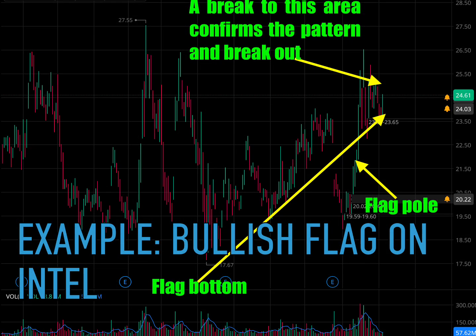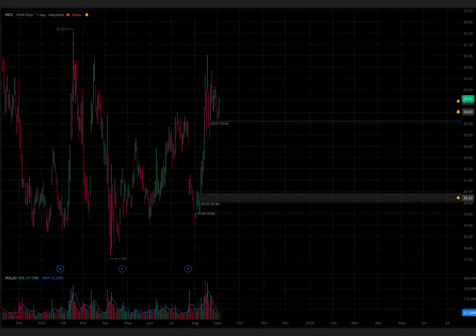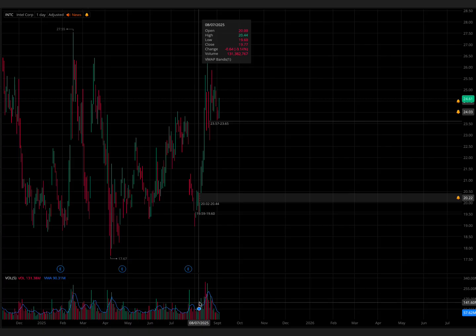Example: bullish flag on Intel. So I wanted to go over a couple flag patterns. Today we're looking at Intel, and the month of August is forming what looks like a bullish flag pattern.